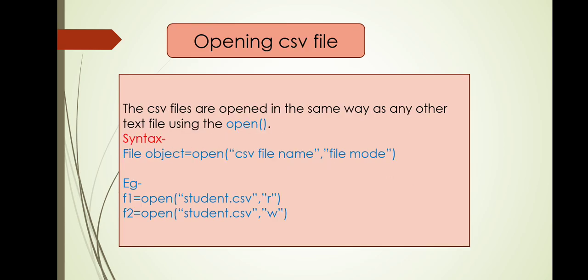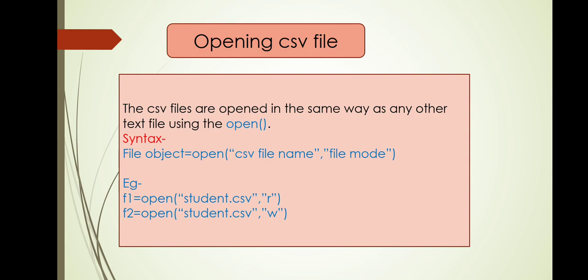Now let's see how we open a CSV file. Since CSV is a text file, the statement for opening a CSV file is the same as opening any other text file. We will take the help of the function open. The syntax is file object name is equal to open function, and within the open function, first we specify the name of the CSV file and then the file mode. Since CSV is a text file, the text file modes will be used in CSV files also.